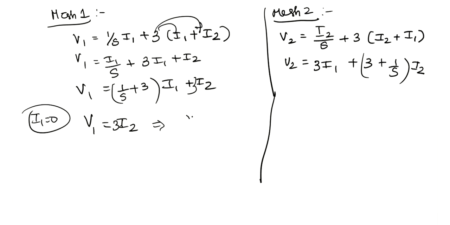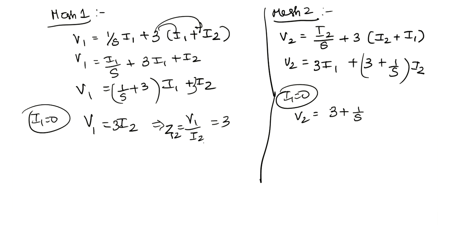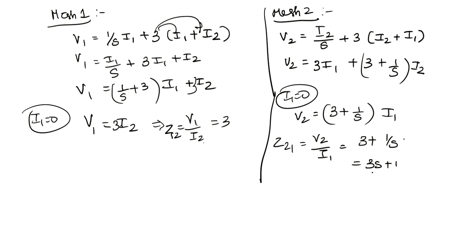Therefore, V1 by I2 will be 3, and here will be Z12. And here put I2 equal to 0. What do you think? V2 will be equal to 3 plus 1 by S times I1. So Z21 will be equal to V2 by I1, equal to 3 plus 1 by S. Yeah, this is your top.